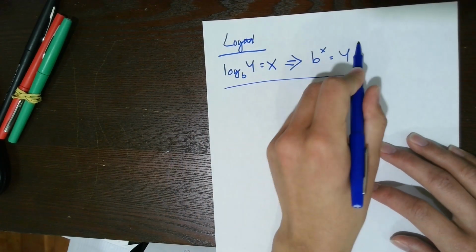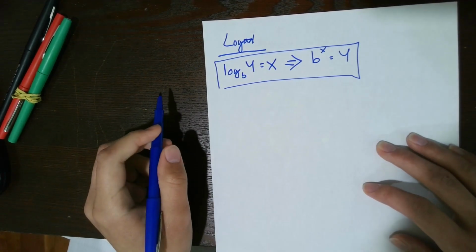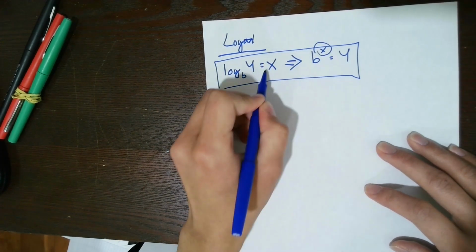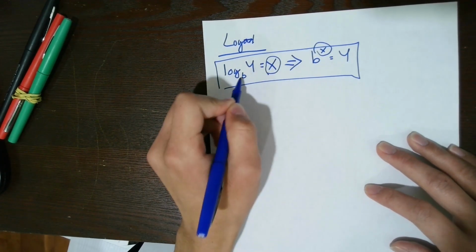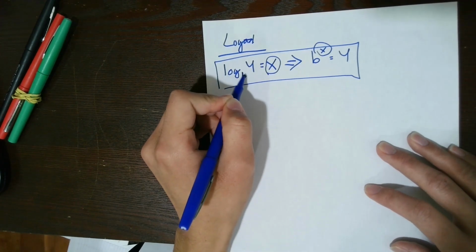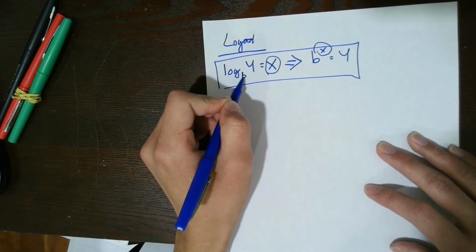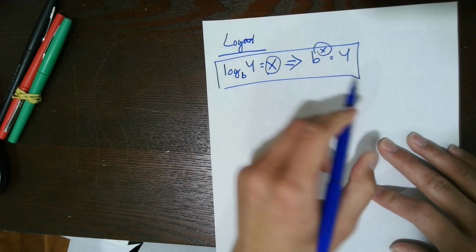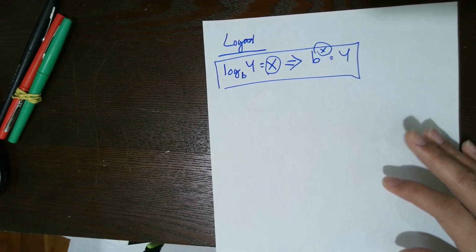So this is one of the most important formulas you have to memorize. And the way I memorize it is that the exponent comes after the equal sign. So you just take the little number on the bottom, raise it to the exponent, and you set it equal to the other variable. So b raised to x equals y.